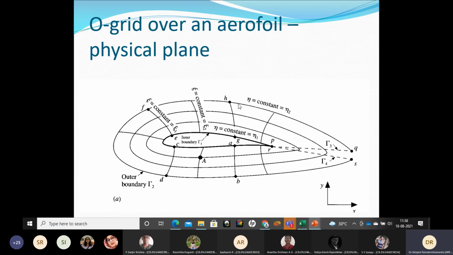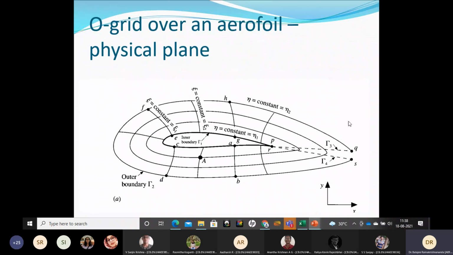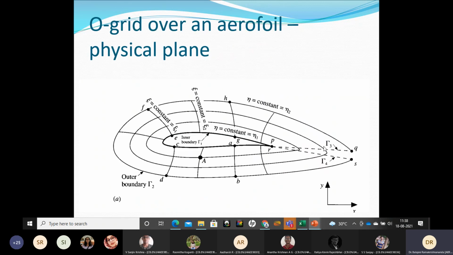Now eta is varying here. We have already seen an equivalent of this, a simpler equivalent, earlier. Gamma 2 is the top here, which is the outermost infinity boundary, roughly. This is how the computational plane looks. All these points, S, B, D, F, H, lie on the outer boundary, you see here.